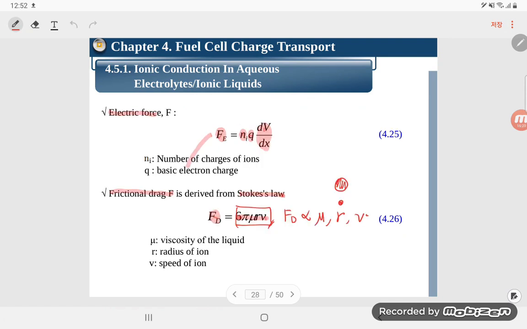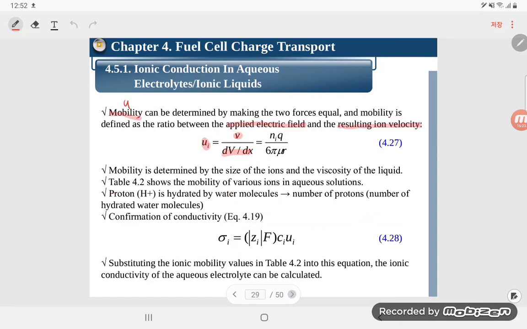If you make these two equations the same, then we can derive this equation for determination of the mobility. So mobility is determined by the size of the ion r and the viscosity mu here, because the others can be considered constant, but actually there are two variables in here, viscosity and the ion size or ion diameter.